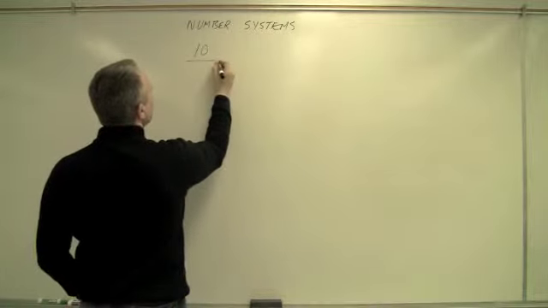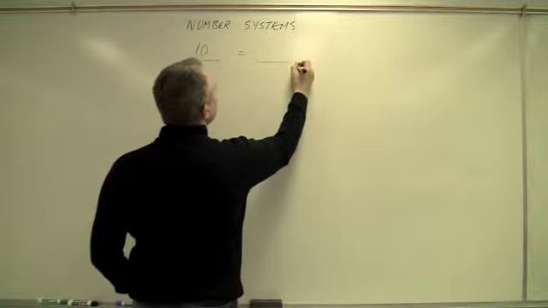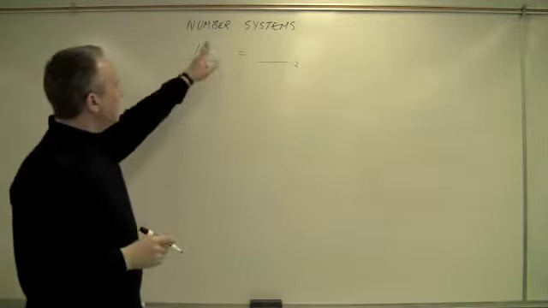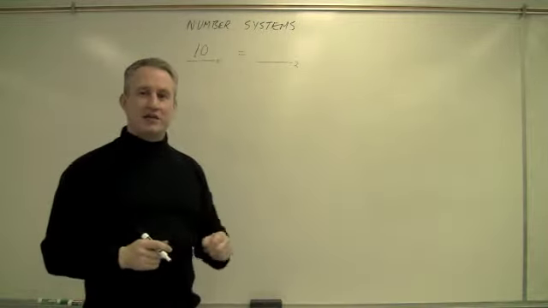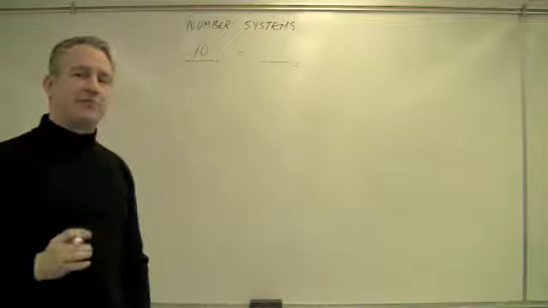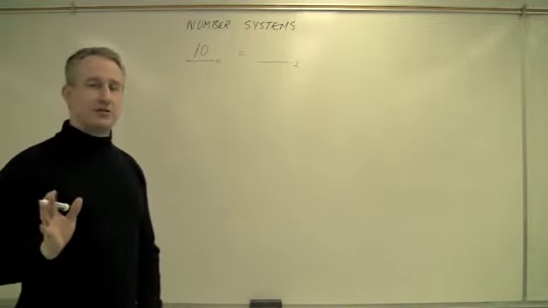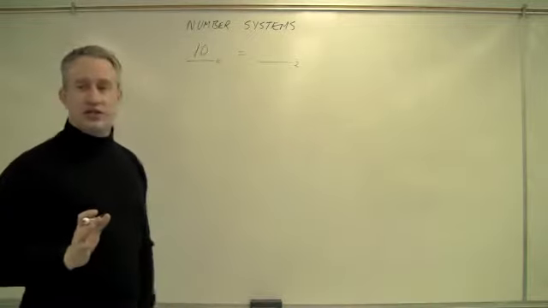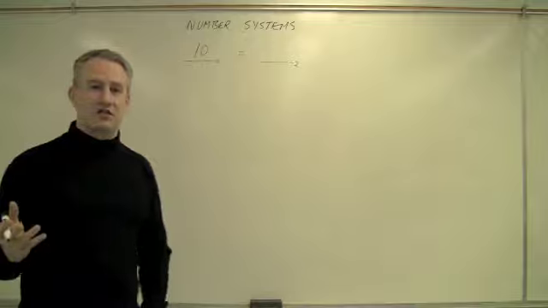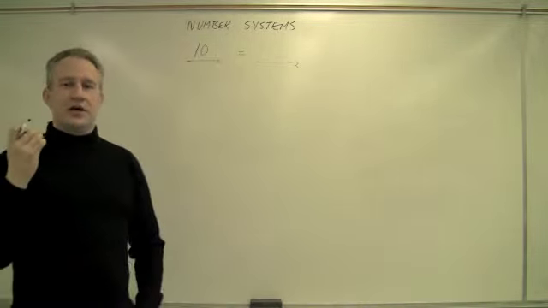So 10 in base 10, converting to base 2 or binary. I'll repeatedly divide by this base, and that will give me the binary version of that number. Again, that will work for any other number system. If I changed the 2 to an 8, that will convert the number into octal. If I change it to 16, it'll convert the number into hexadecimal.